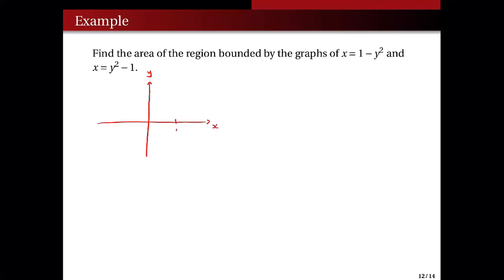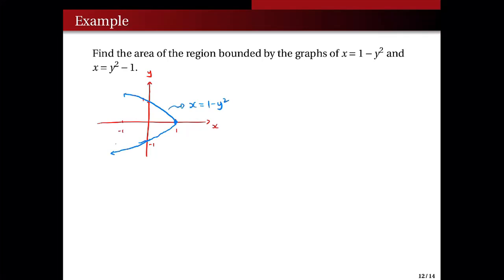So say this is 1, this is 1 for y, negative 1 for y, negative 1 for x. So we have the parabola that will look something like this. This one here is your x equals 1 minus y squared.